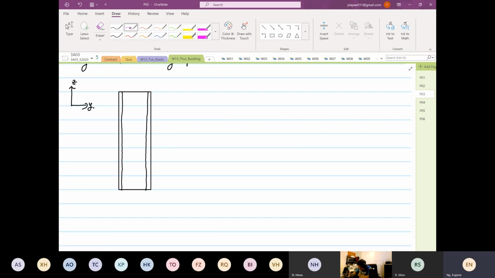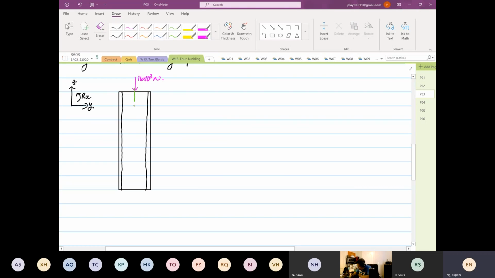And then you have a load coming down at 16 times 10 to the power 3. And then we realize that this is rotation about the x-axis. So how will this structure deform?